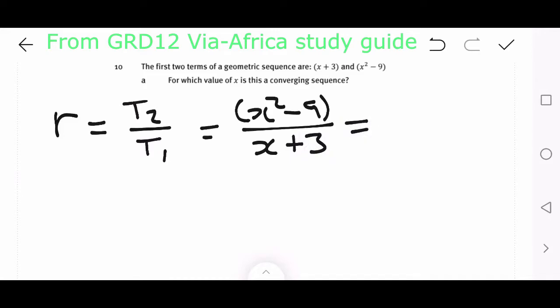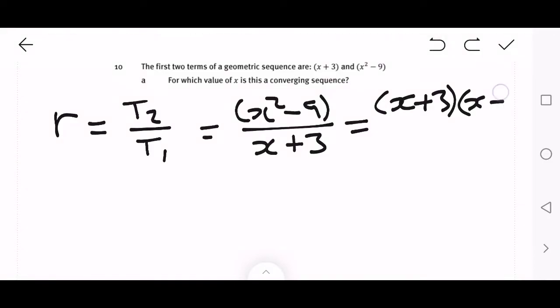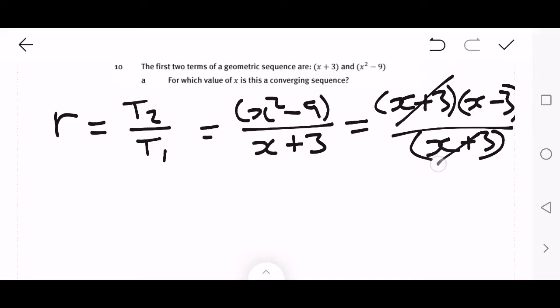On the numerator we have a difference of 2 squares, so this can be written as x plus 3 into x minus 3, all divided by x plus 3. Well, we can cancel these two terms, and then we'll be left with r equals x minus 3.